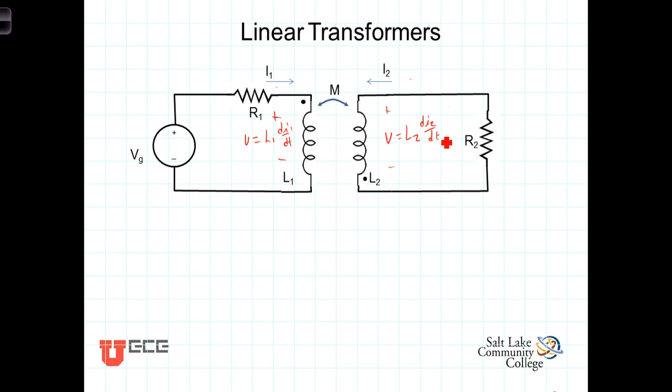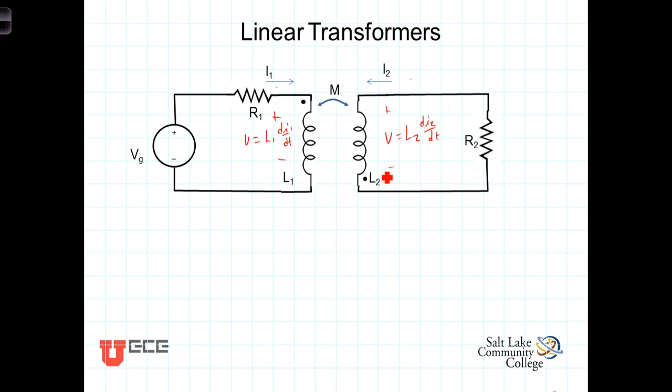These two voltages are referred to as the self-induced voltages. They're referenced so that the current flowing, I1, flows into the positively referenced terminal of this voltage, and I2 is flowing into the positively referenced terminal there.